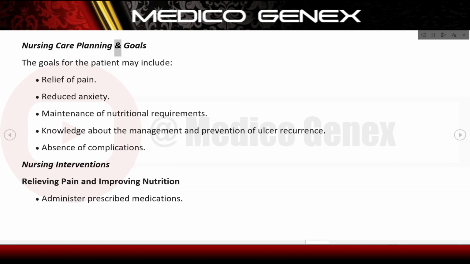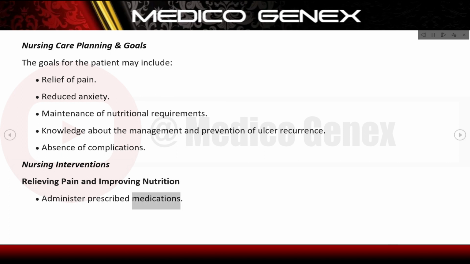Nursing care planning and goals. The goals for the patient may include relief of pain, reduced anxiety, maintenance of nutritional requirements, knowledge about the management and prevention of ulcer recurrence, and absence of complications. Nursing interventions, relieving pain and improving nutrition.